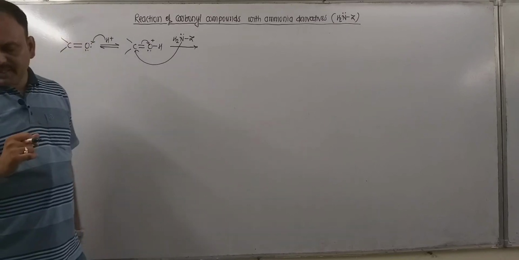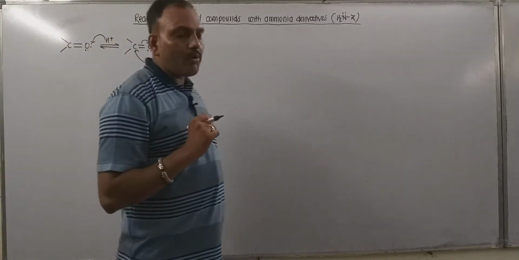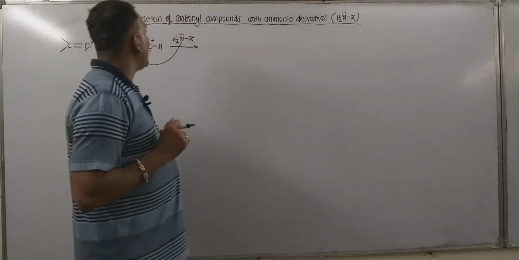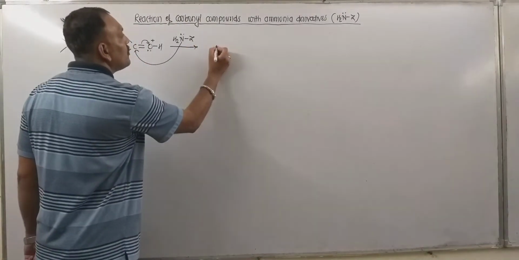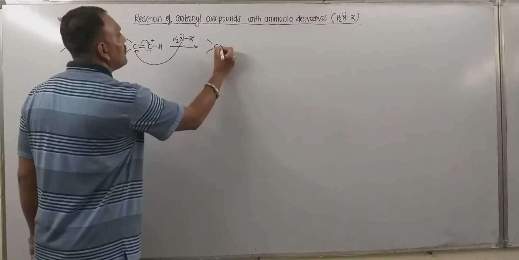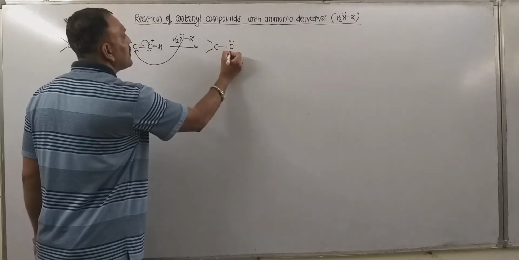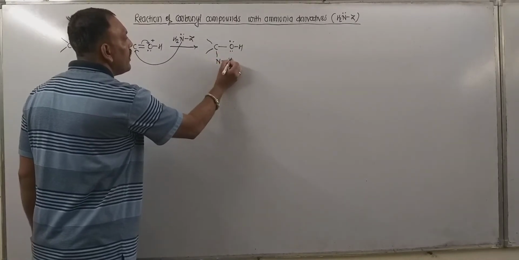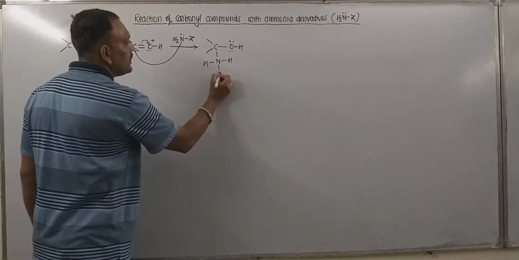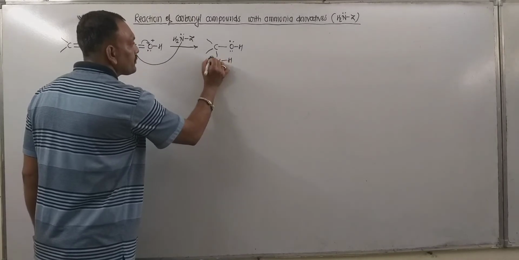The electron deficient carbon gets added to that side, and this leads to the formation of an intermediate which may be shown as. Now this is the intermediate.